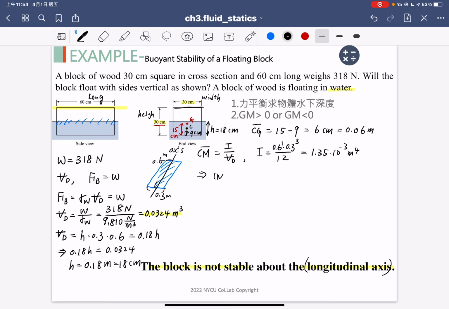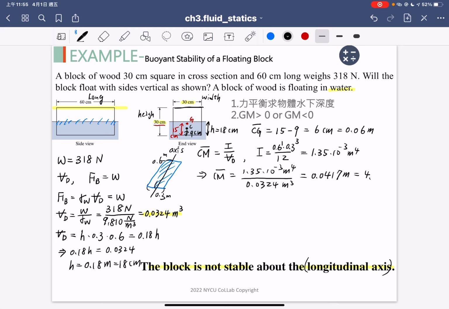So we know that CM is equal to 1.35 times 10 to the minus 3 meters to the fourth power divided by 0.0324 cubic meters. So you can compute the length of CM, which is around 0.0416 meters.